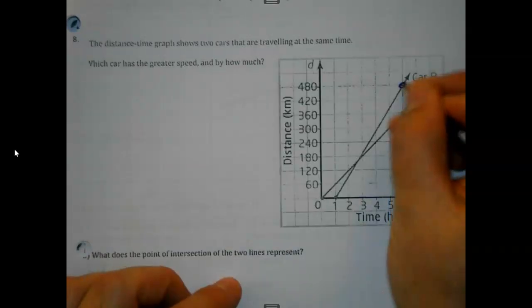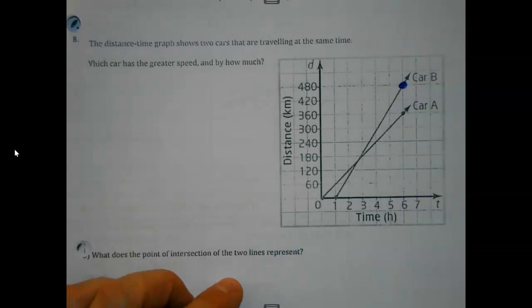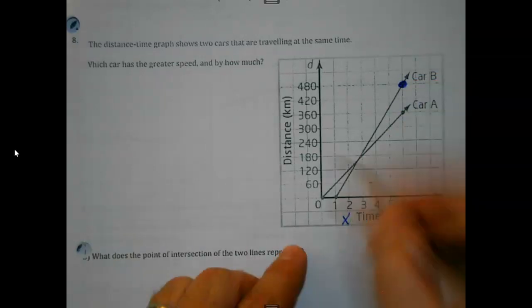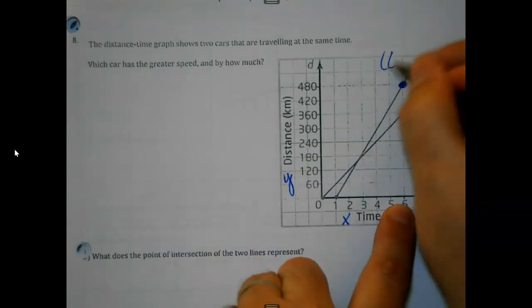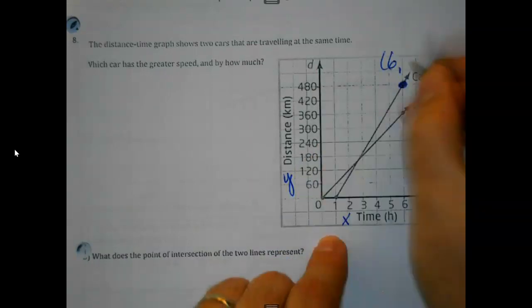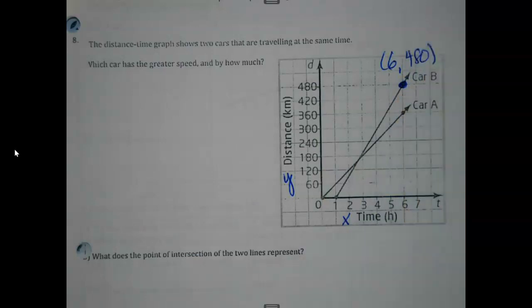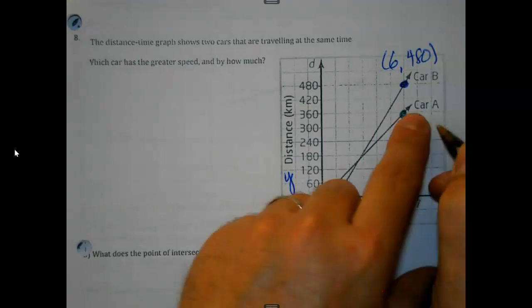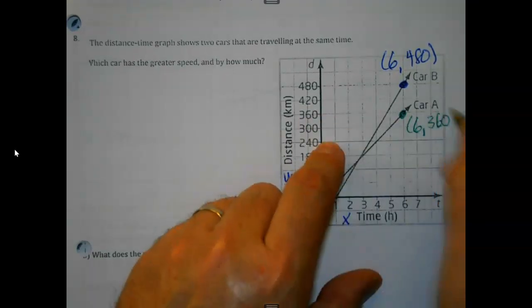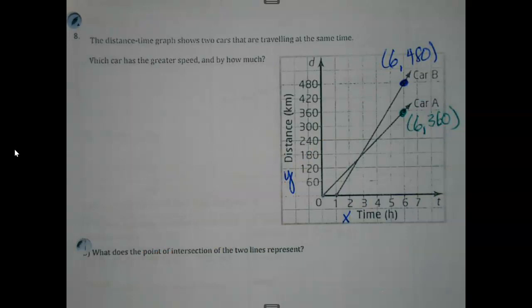So if I look at this point right here, again, here's my x-axis, here's my y. That point is 6,480 for car B. And that point right there is 6,360 for car A. But for you to be able to find the speed, the rate, you have to have a second point.